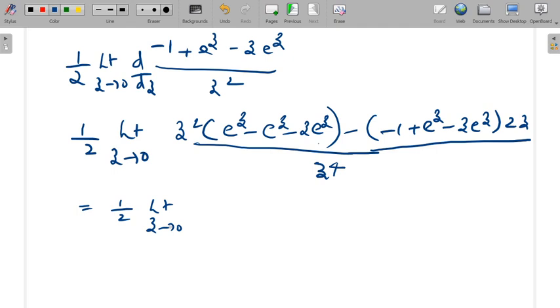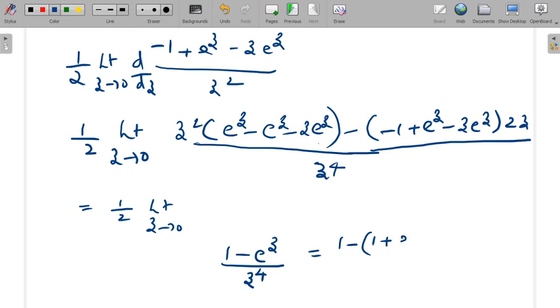Why should I go for all these expansions? It's a simple function, 1 minus e raised to z divided by z raised to 4. It will be quite easy if you write the Laurent series, because this is a simple function.